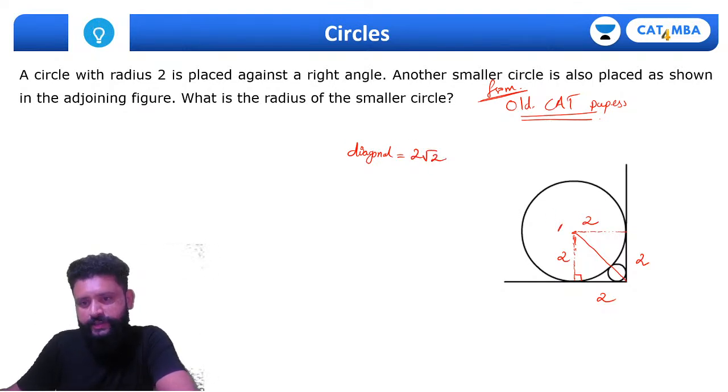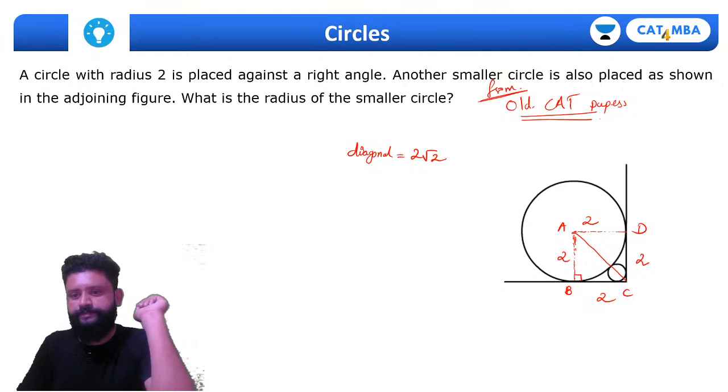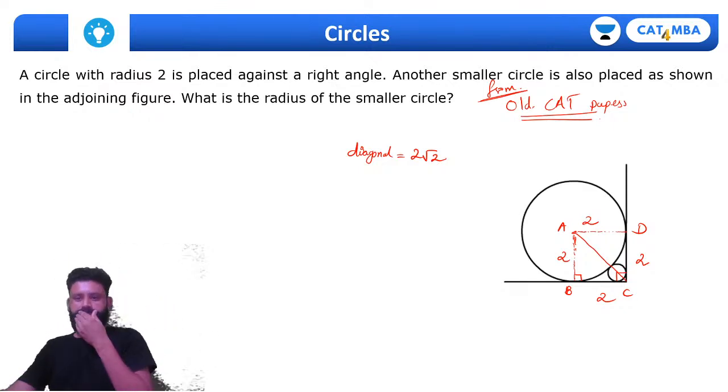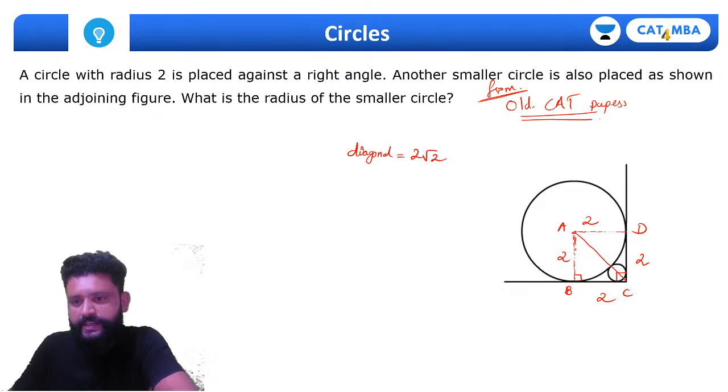So this diagonal is 2 root 2, A B C D. Then what we will be doing, I'll be drawing one more circle, and let this center of this circle be E, and this point is C.